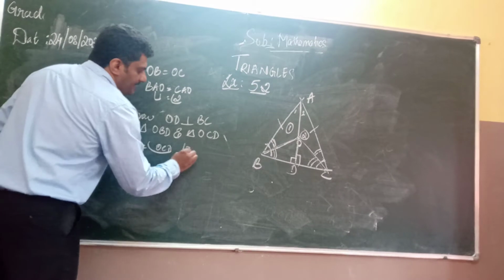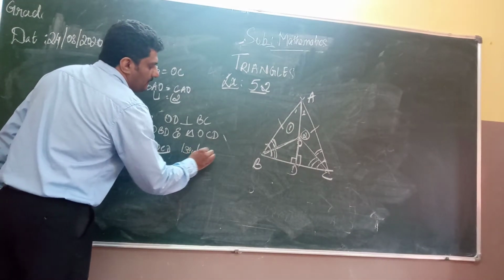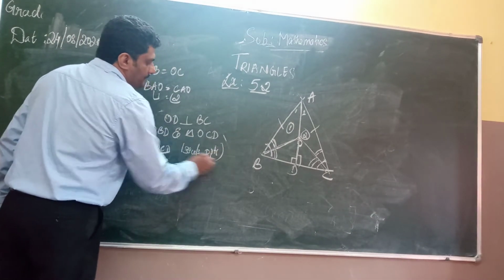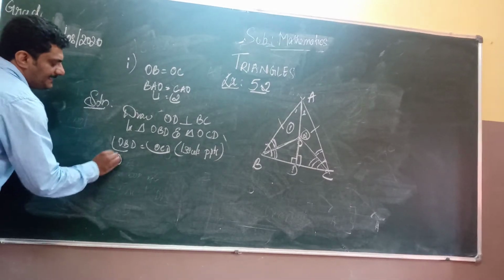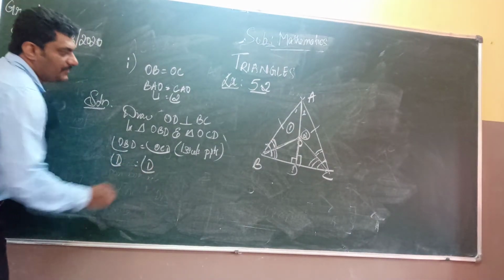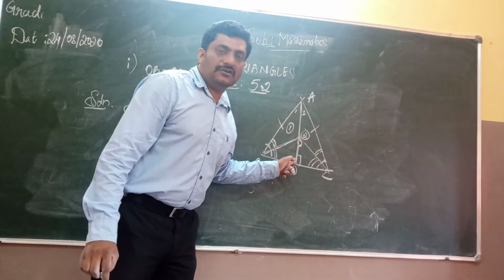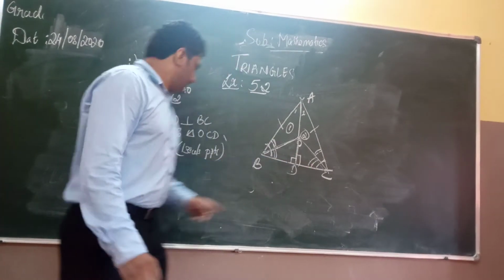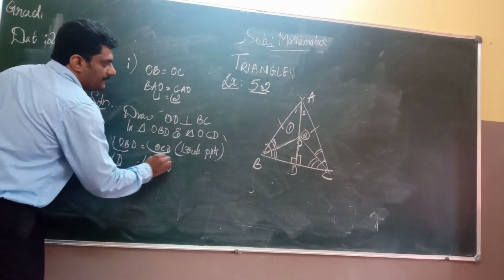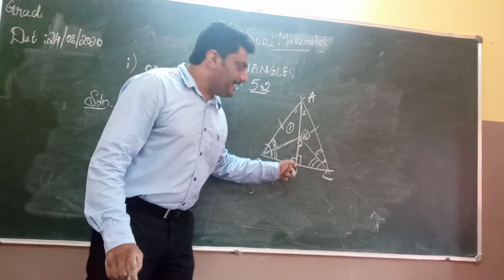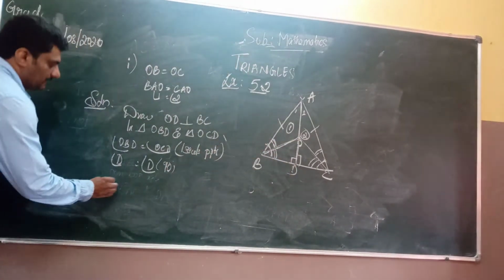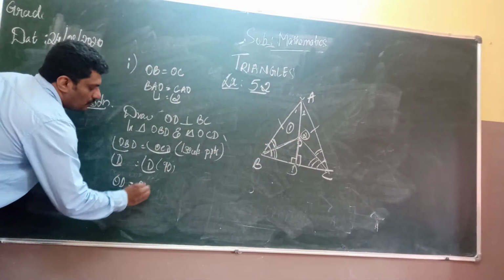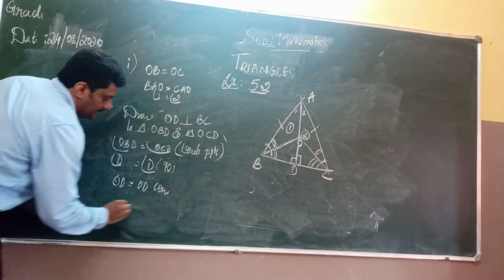Why? Isosceles property. And then angle D is equal to angle D, 90 degrees, because this angle D belongs to both the triangles. Again, this side OD belongs to both the triangles. OD is equal to OD, common.